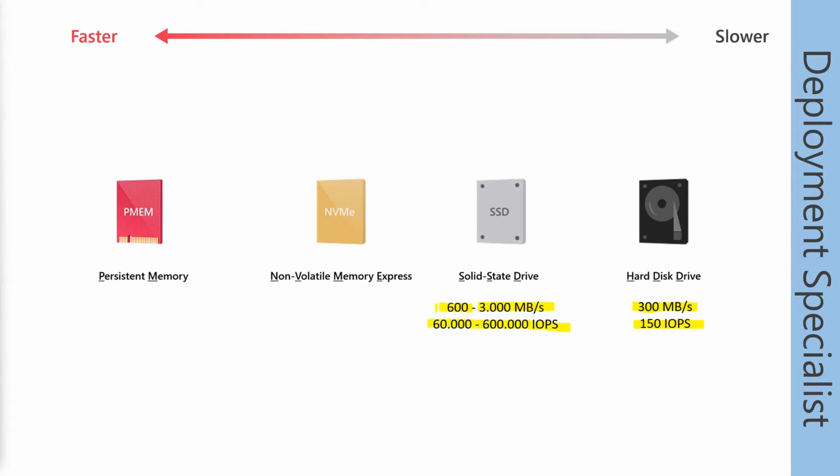So for sequential workload, a hard disk drive is 2 times up to 10 times faster. Sorry, a solid state drive is minimum 2 times, maximum 10 times faster than a hard disk drive for sequential workload. Random workload, let's see, 150.